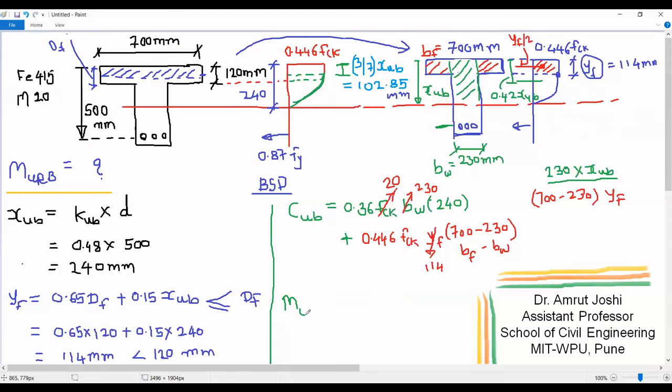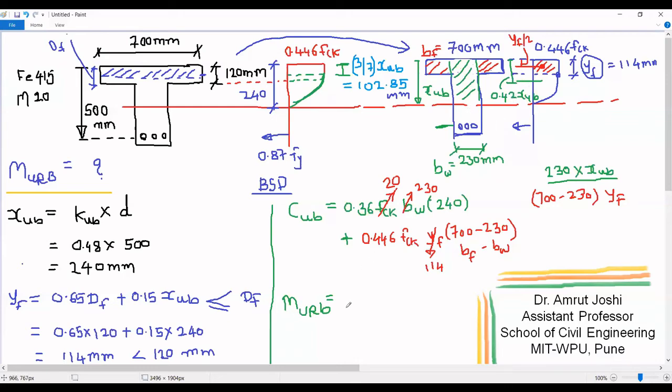So let us now write down the moment of resistance of the balanced section, MURB. Its first contribution will come from the compressive force over the area which is shaded in green, that acts at distance 0.42 XUB from extreme compression fiber. So the lever arm corresponding to it is going to be D minus 0.42 XUB.